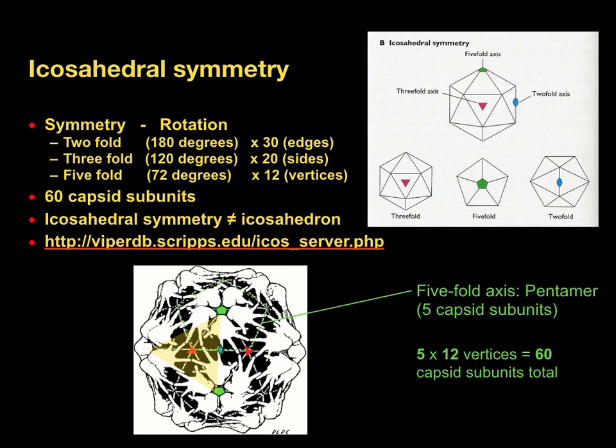And why 60? Well, we have 5 in each fivefold axis of symmetry, and because this is the vertex of the icosahedron, there are 12 of them in an icosahedron, and then the total would be 60. Is this clear? Do we have any question?